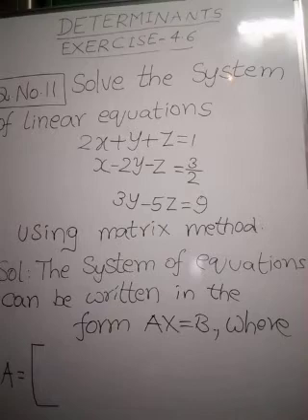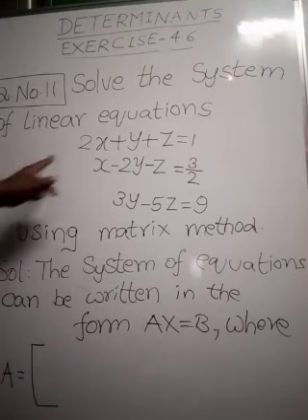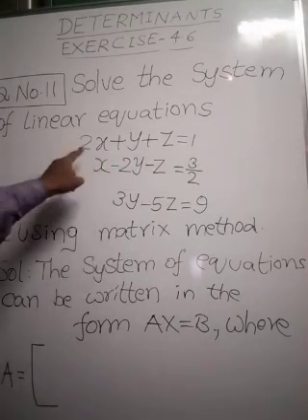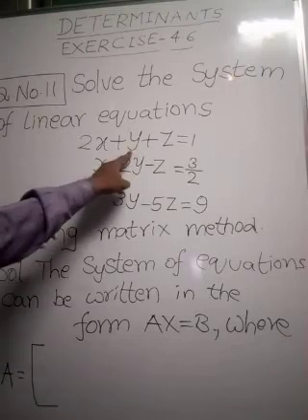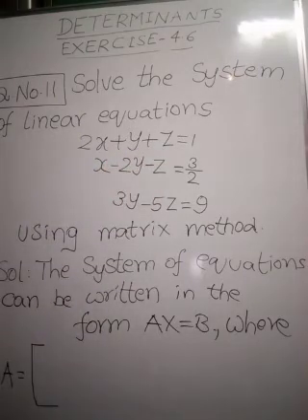you know what is meant by matrix A here? Coefficient matrix means you have to write the coefficients of x, y and z in a matrix form. So from the first equation we write the coefficient of x, of y and of z.